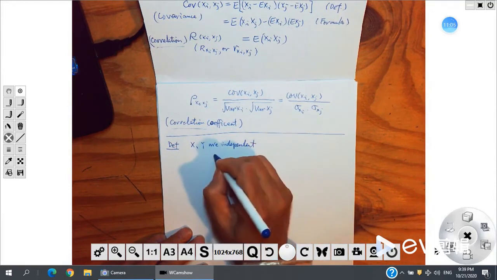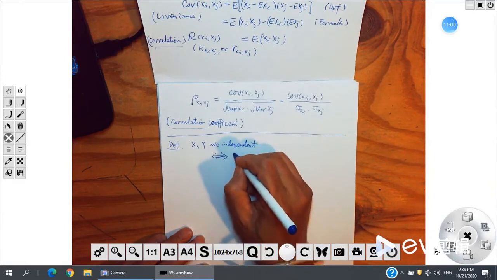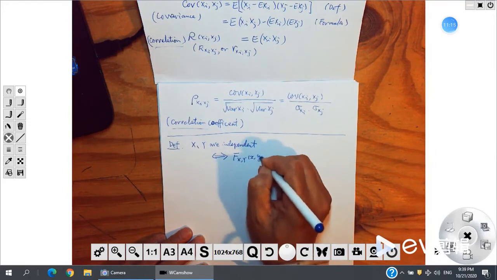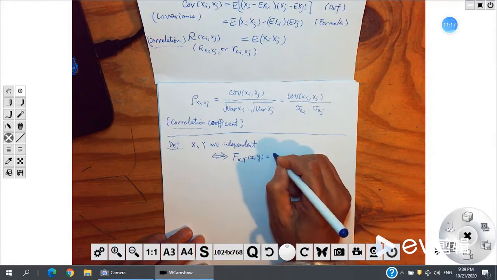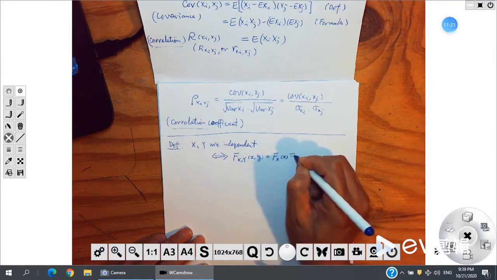This is related to this one. The first one is if the joint CDF of X and Y equals the multiplication of Fx of x times Fy of y.